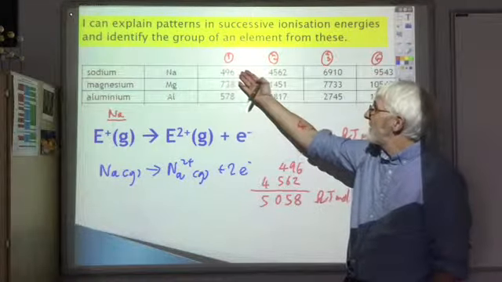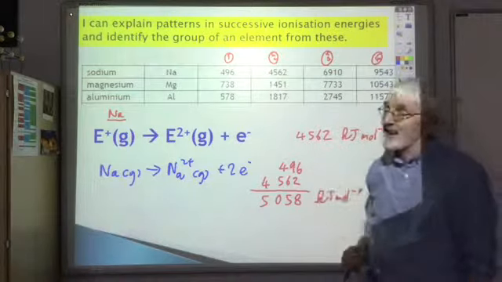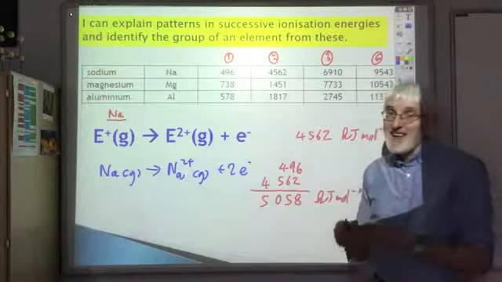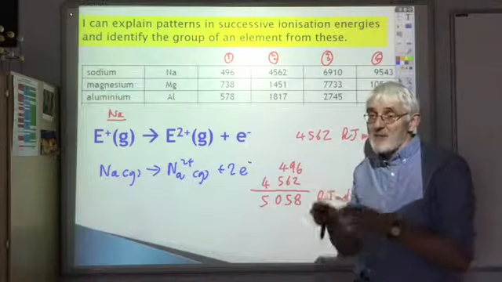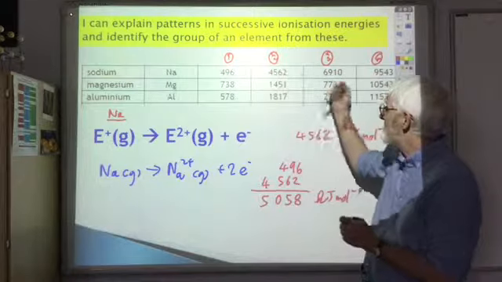We see that the more electrons you remove, the higher the ionisation energy gets. So basically, as you remove electrons, it gets harder to remove more electrons, and so the energy required goes up.